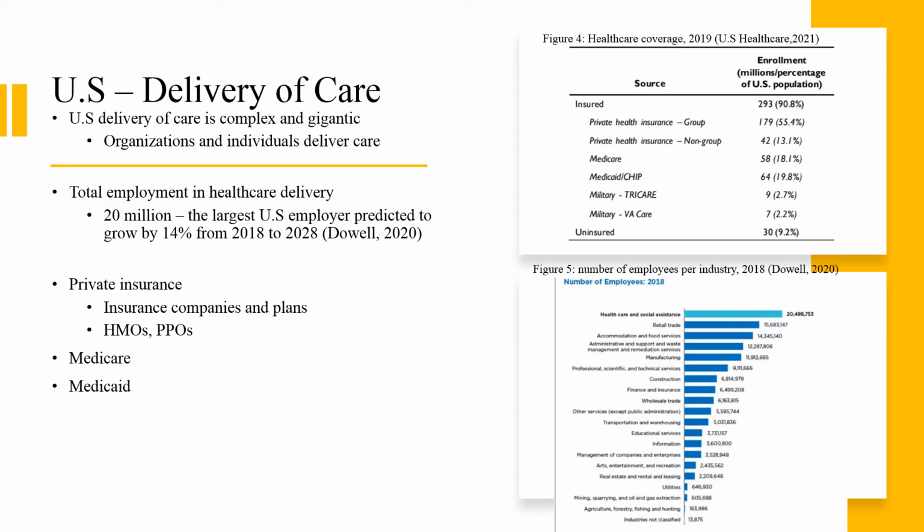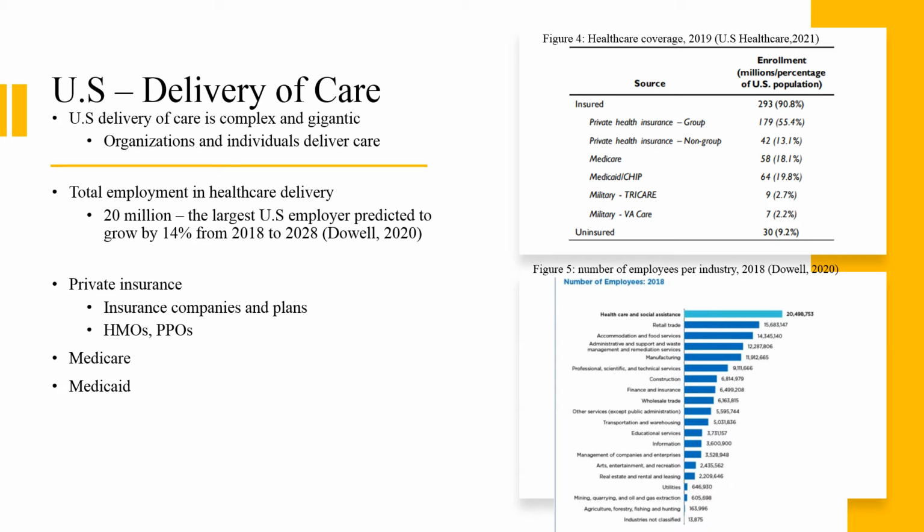So, as you can see, when it comes to delivery of care in the US, look at this. It's the largest employer. I thought retail would have been number 1, but I was really surprised to find out it was healthcare. And how care is delivered is predominantly through private insurance. So these are insurance companies and plans.